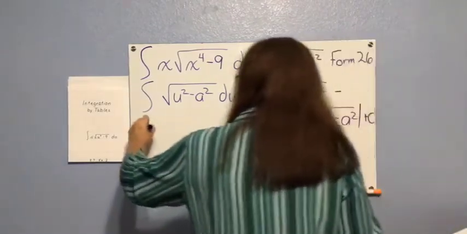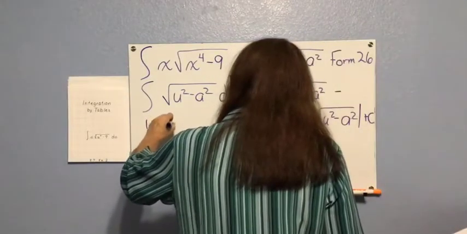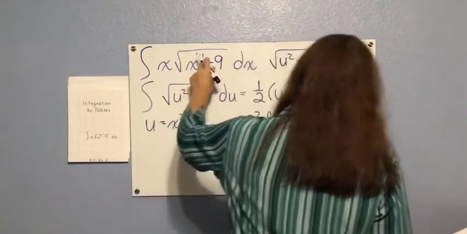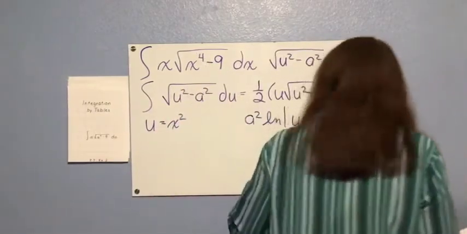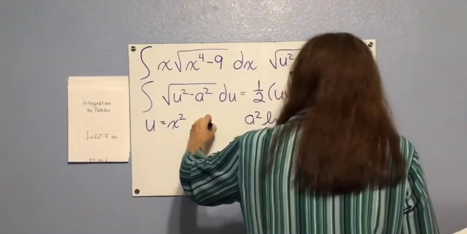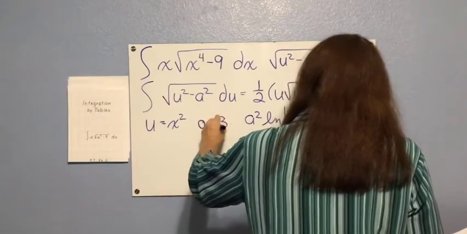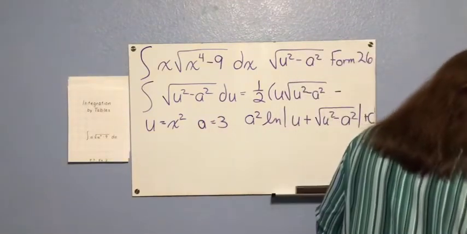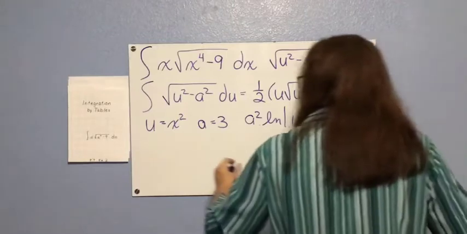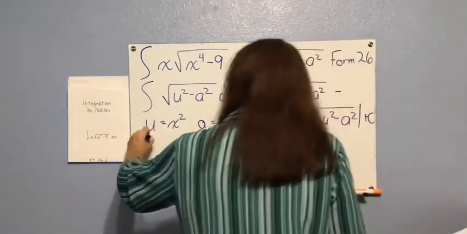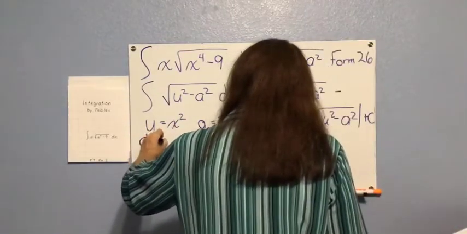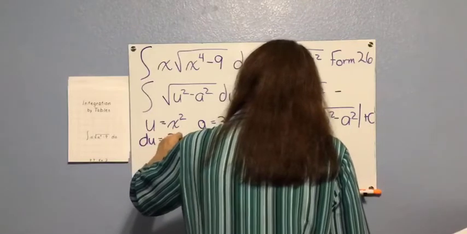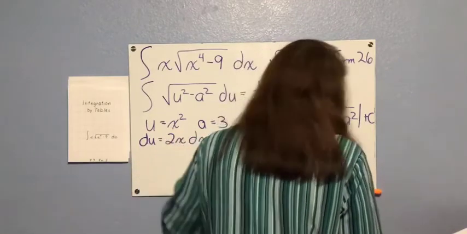So in this case, we're going to let u equal x squared, since this is to the 4th. A is going to equal 3. If u is x squared, du will be 2x dx.